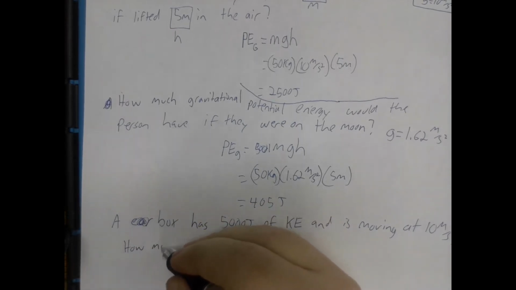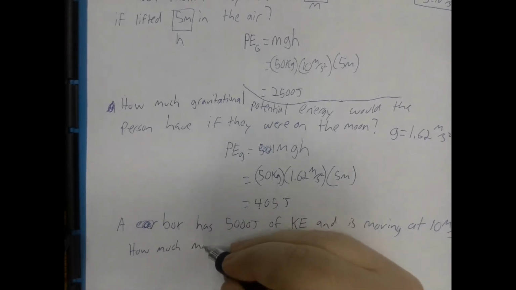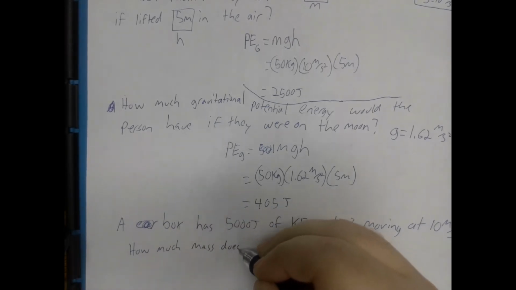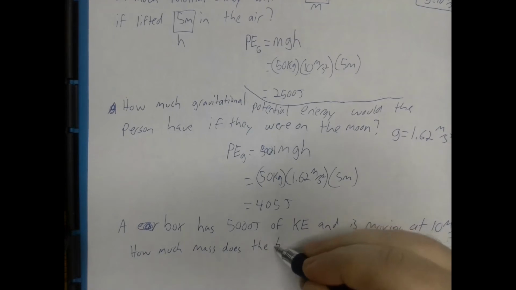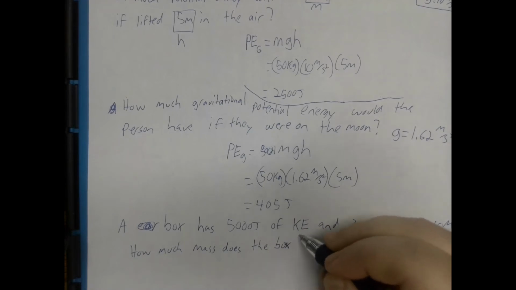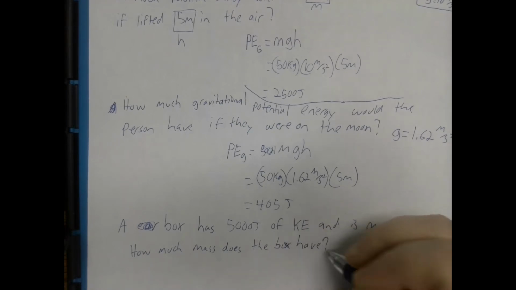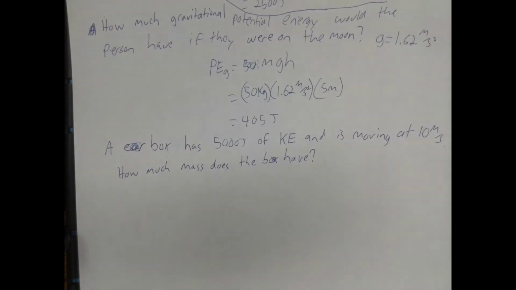How much mass does the box have? So a box has 5,000 joules of kinetic energy and is moving at 10 meters per second. How much mass does the box have? So how will we solve this?